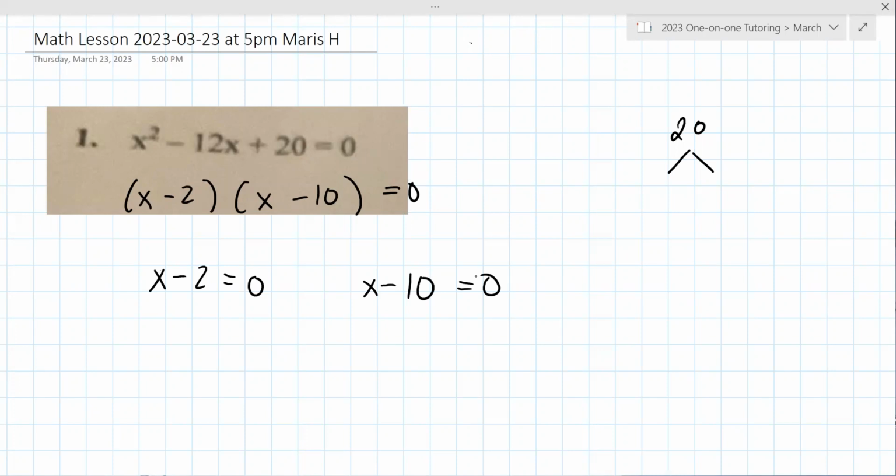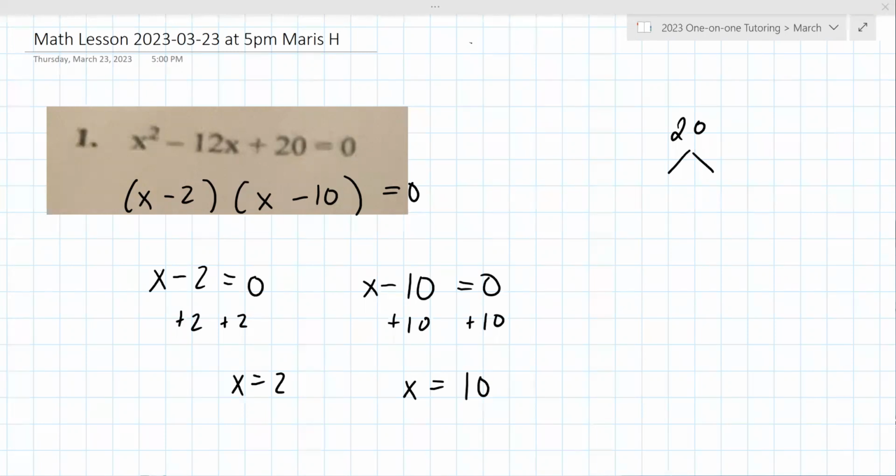And then you solve for x. So the first one you add 2, second one you add 10: x equals 2, x equals 10. Okay. That's kind of the best one because it's just right there in front of you.